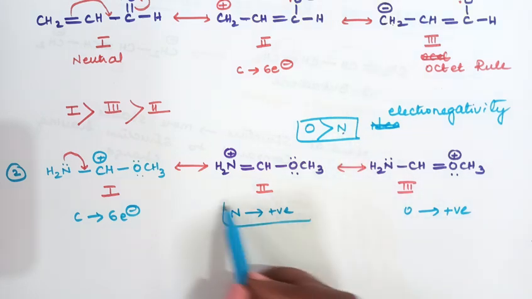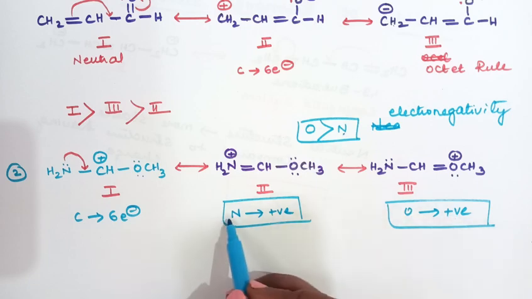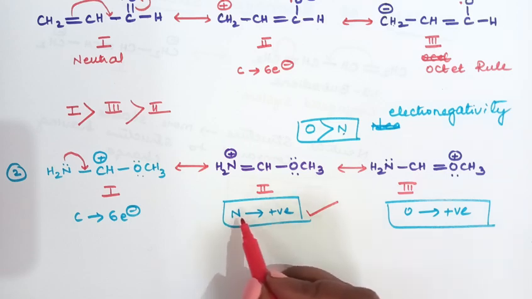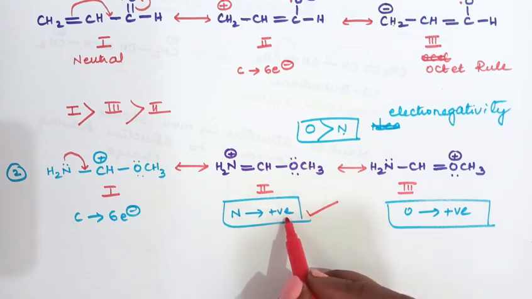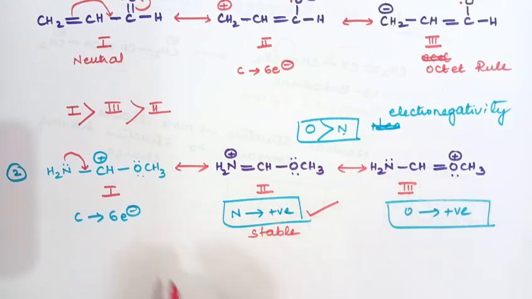See here. So oxygen has a positive sign, nitrogen has a positive sign. So therefore this is the one which has the positive sign on the less electronegative element. So this will be stable when compared to this one. So the answer is the second will be more stable than the third one.